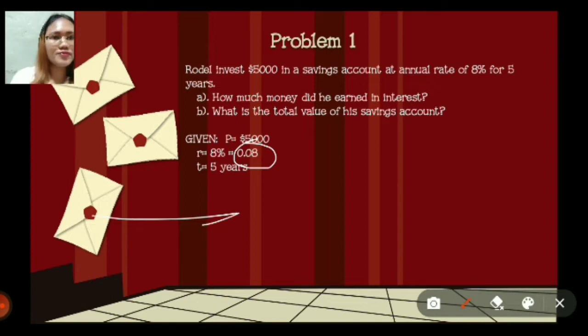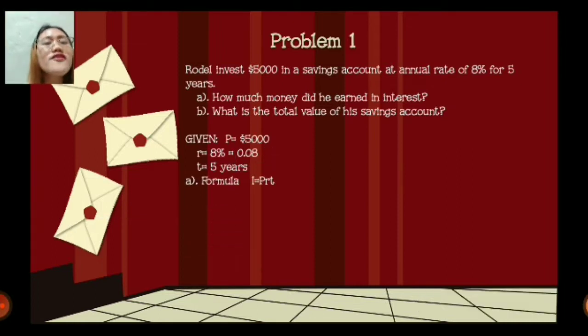So, okay, next is the formula. Let's also list the formula in this problem to be solved. For the formula, we have the interest is equal to the principal times the rate times time.